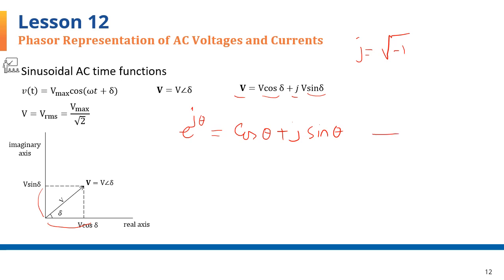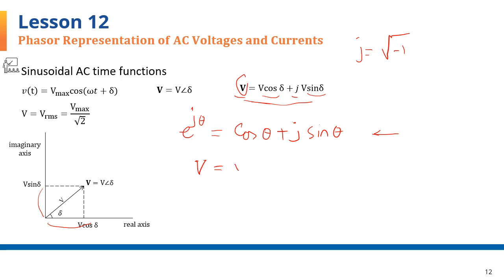Having this identity, which converts an exponential form into a Cartesian or complex form, we can convert this equation into its equivalent exponential form. So let me start with this v, the phasor of the voltage, equals v cosine delta plus j v sine delta.